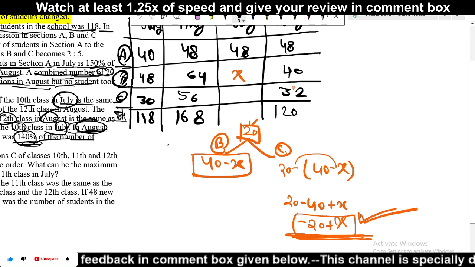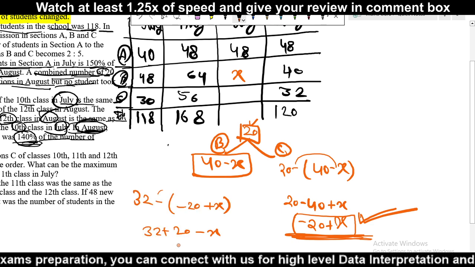So now we go back: 32 minus this complete value, so 32 minus (x minus 20), which gives 52 minus x. So finally we have calculated this, but we still do not have the actual number, as we still have a variable here.